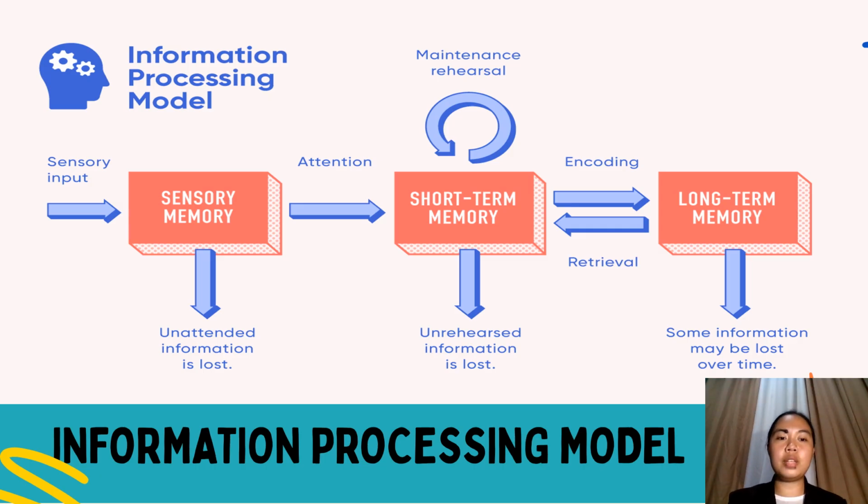And also we have maintenance rehearsal. So maintenance rehearsal is repeating information to keep it active in short-term memory, helping in encoding it into long-term memory. Also, we have retrieval. So retrieval is accessing stored information from long-term memory when needed. So some information may be lost over time if not retrieved or rehearsed. And lastly, we have long-term memory.